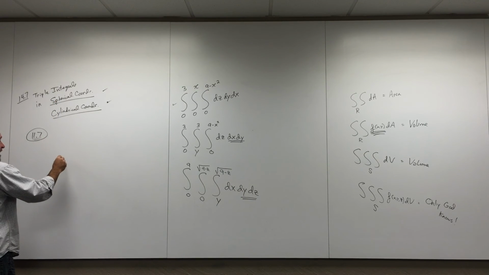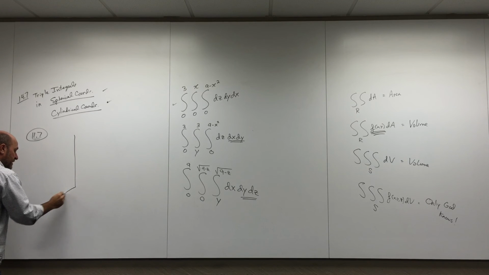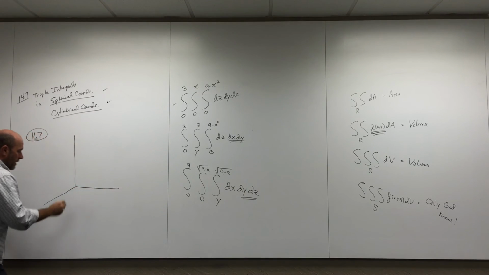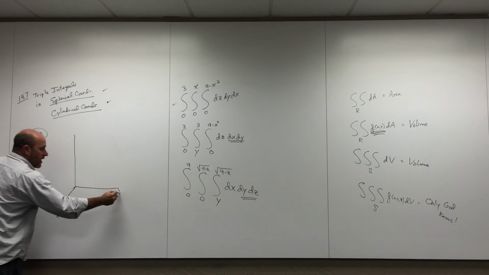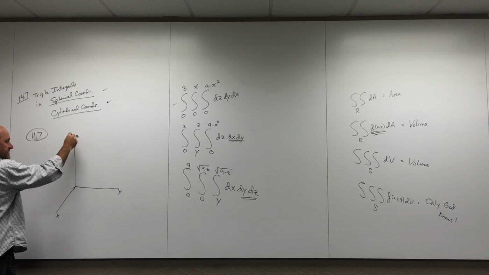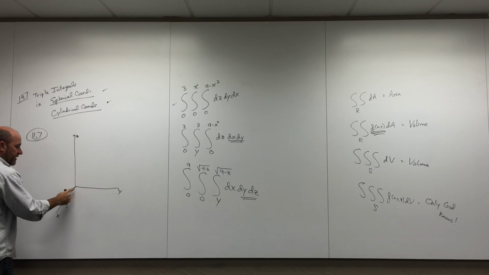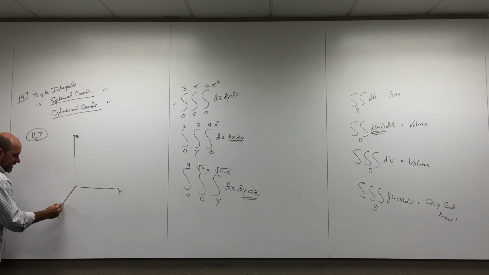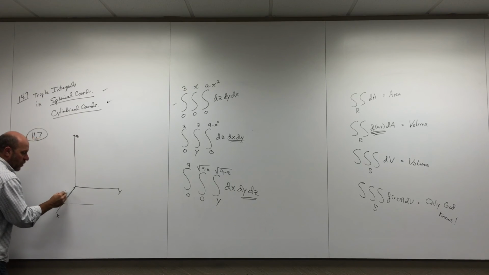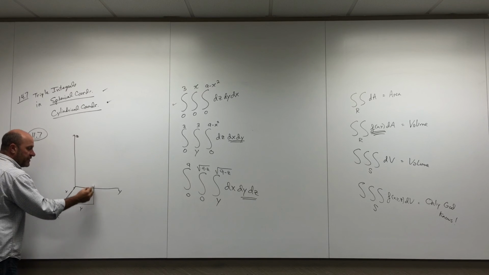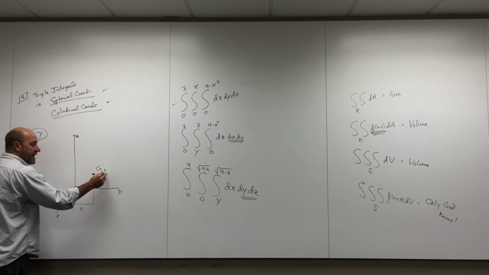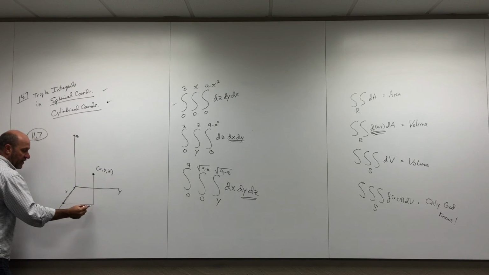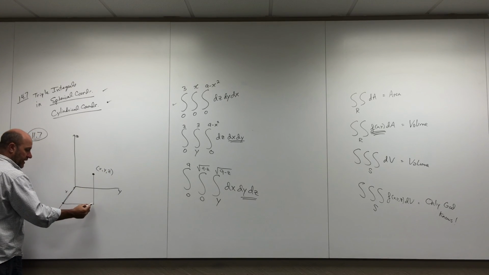When you're in 3D, you have this x-axis, y-axis, and z-axis, and this first octant here. You come out a distance x, you move over a distance y, you go up a certain distance z, and that lands you at a point called x, y, z, an ordered triplet, so to speak.